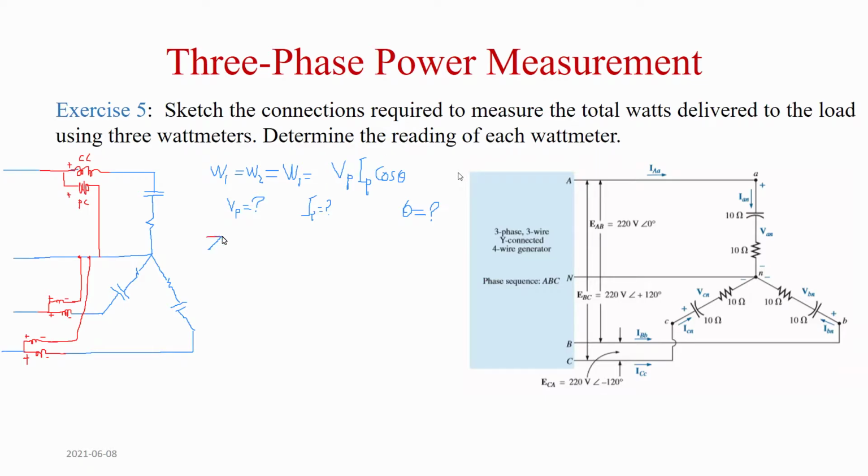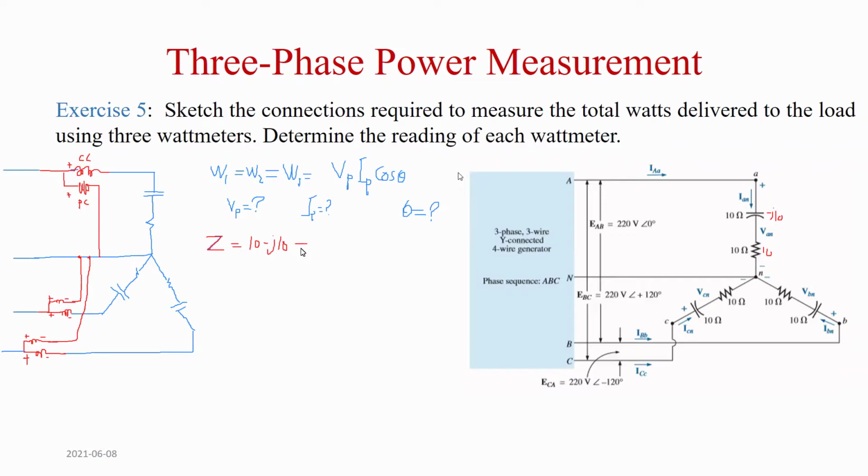So I have given Z equal to 10 ohm minus J10. So this is minus J10 and this is 10 ohm. This is one phase. It's 10 plus minus J10.